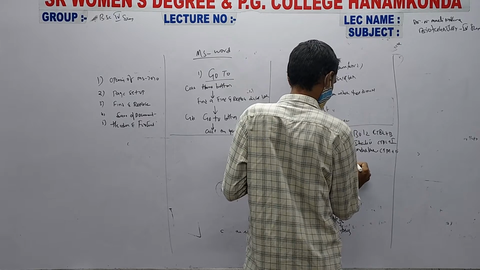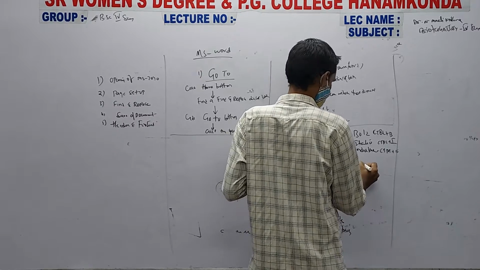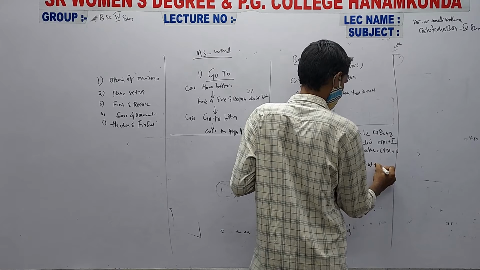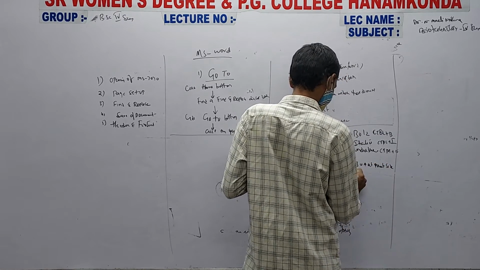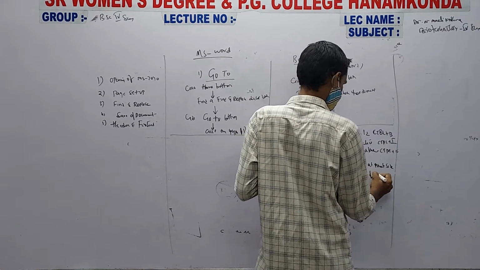Control and the left bracket increases by one point size. Control and the right bracket decreases by one point.